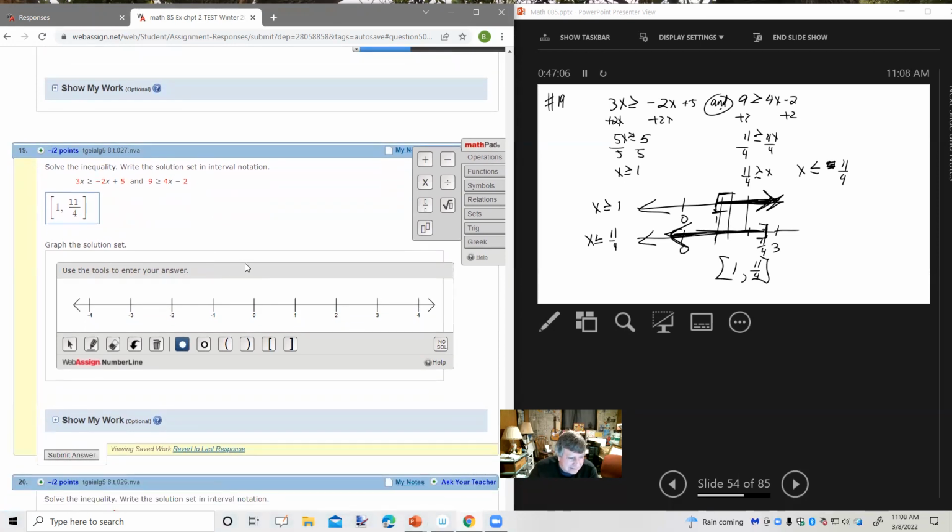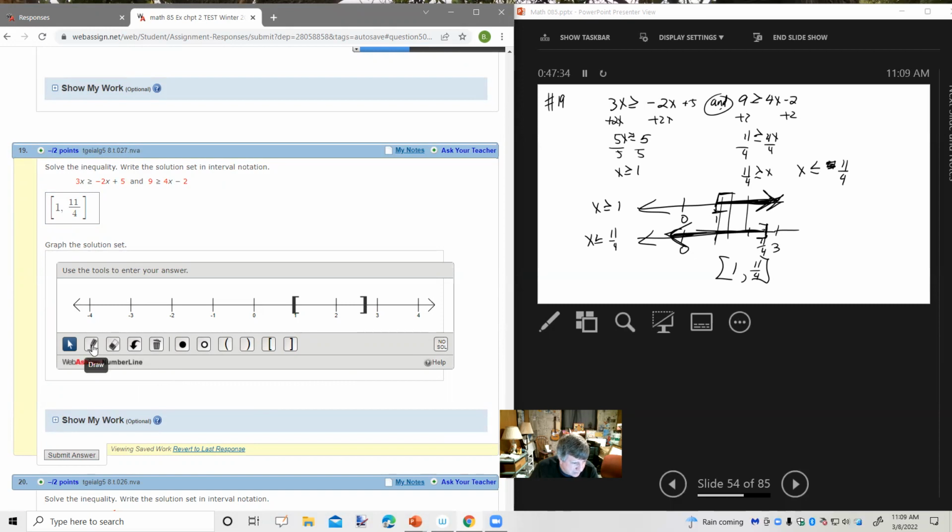Okay, yeah, anyway. Let's see, so from 1, I need a bracket at 1. And then 11 fourths is 2 3/4. So there's 2 1/2, 2 3/4 is right about there. This is where it gets a little tricky.